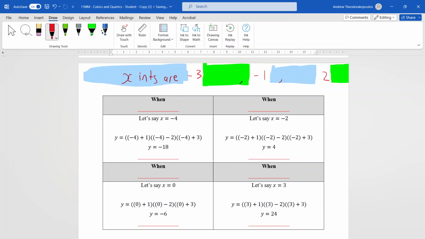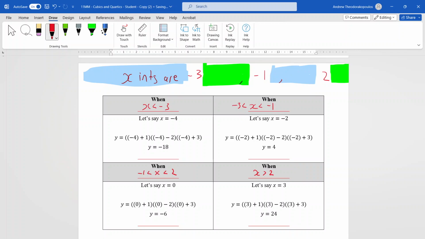Let's write them all down straight away: when x is less than -3, when x is between -3 and -1, when x is between -1 and 2, and when x is bigger than 2.